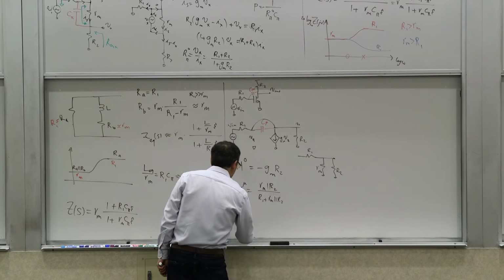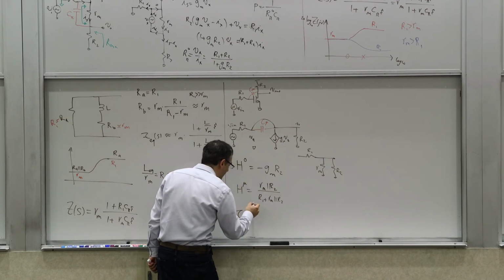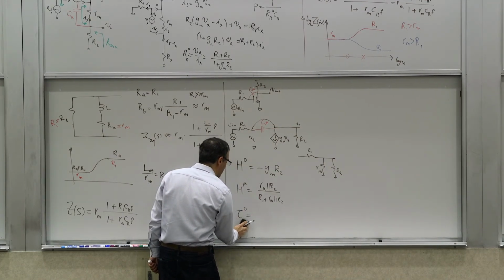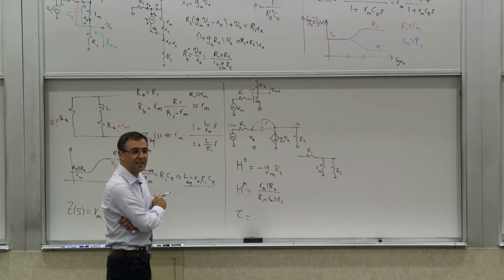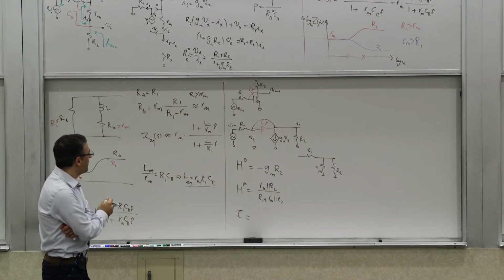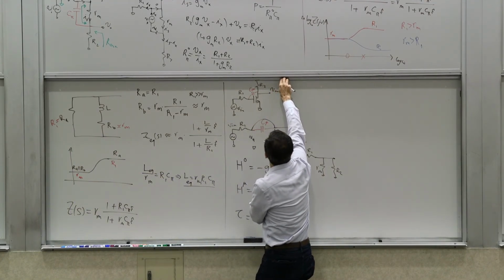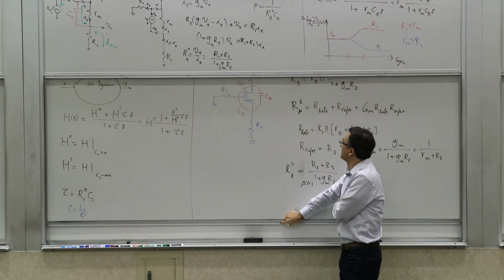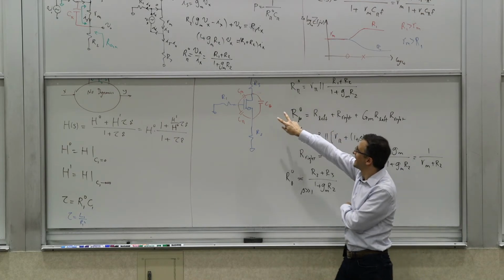There's one more thing you need to calculate, right? You need to calculate tau. It's really tau mu 0, but let's call it tau for now. What is that time constant? Well, here we can use that general expression that we derived, because this is that capacitor.